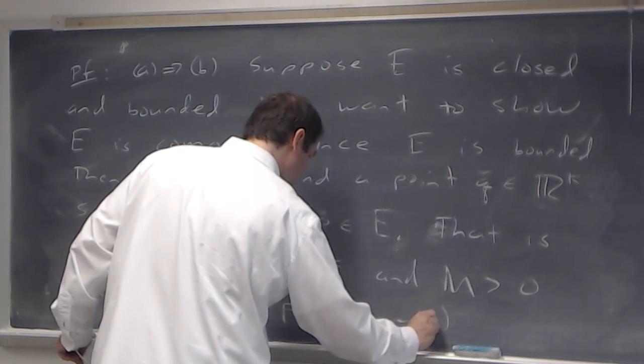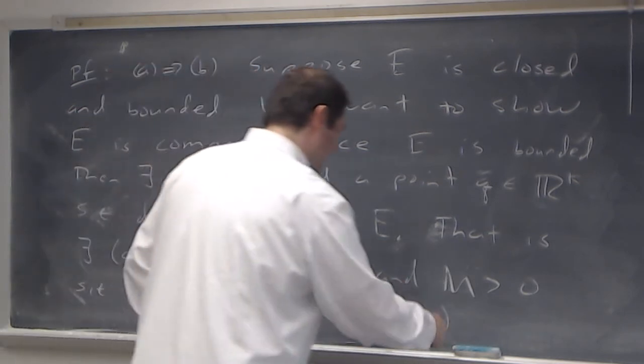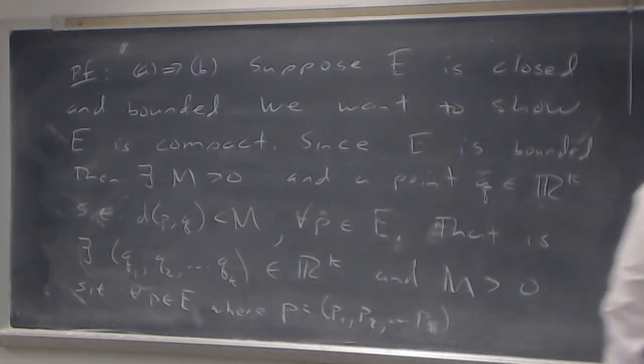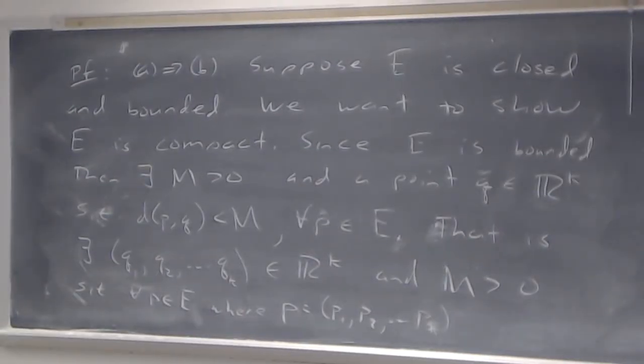We're saying the distance is less than m. Here's what we have, writing that out explicitly. The usual metric here is the norm of the difference of Q and P.